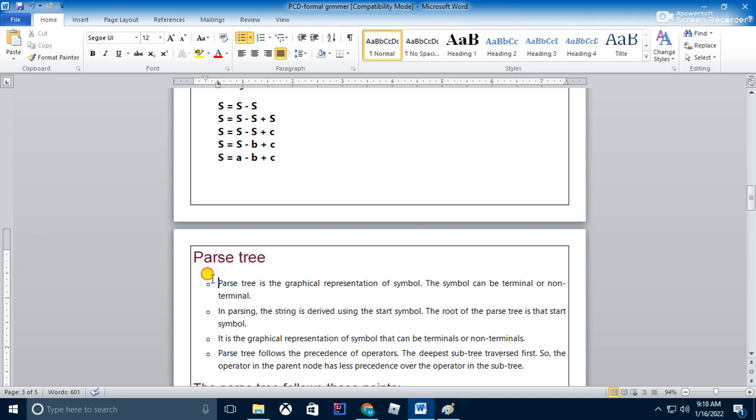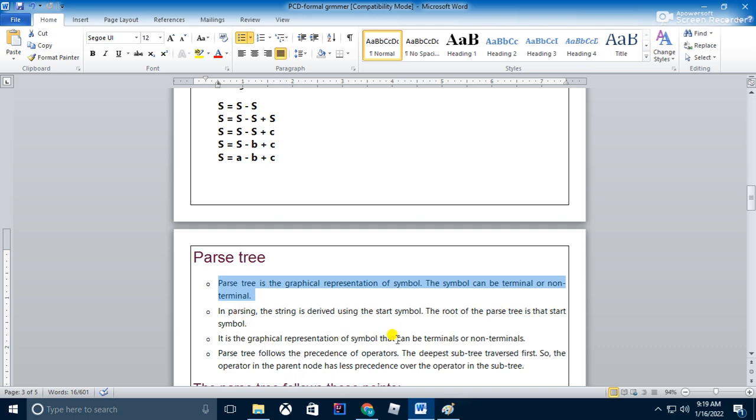So basically a parse tree is nothing but a graphical representation of symbols. Symbols can be either terminal or non-terminals. In parsing, the string is derived using the start symbol. The root of the parse tree is the start symbol.